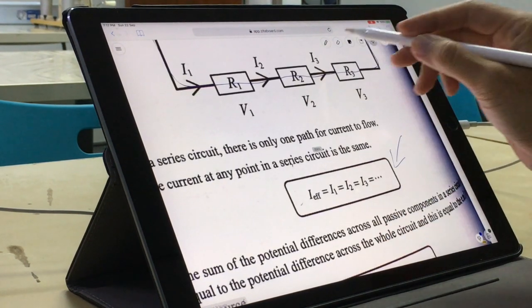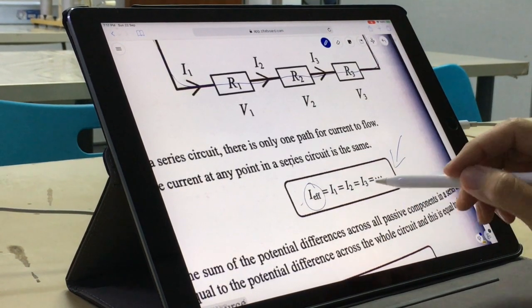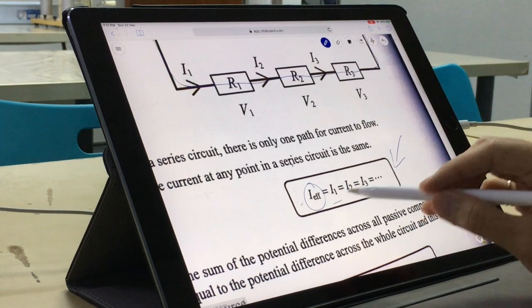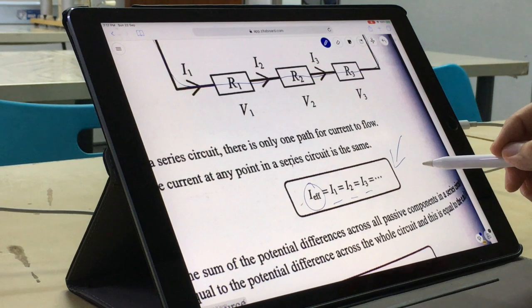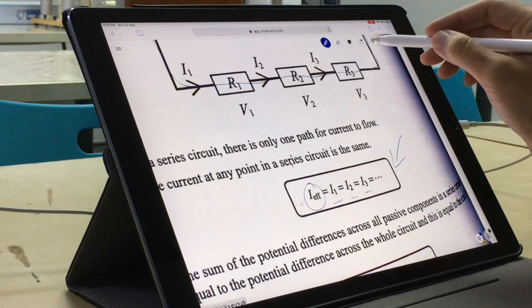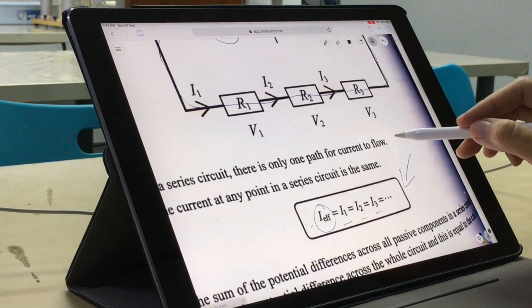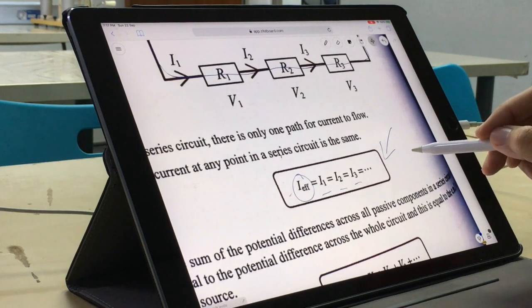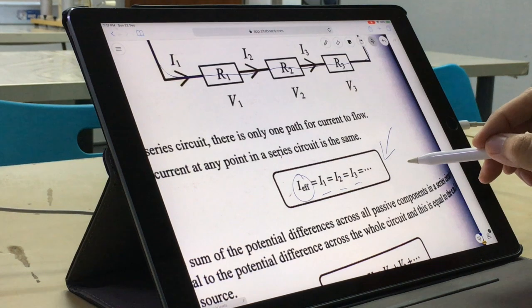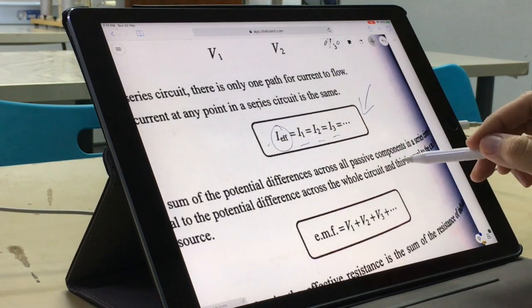The effective current equals I1 equals I2 equals I3. I need you to remember this one. This one must be memorized.